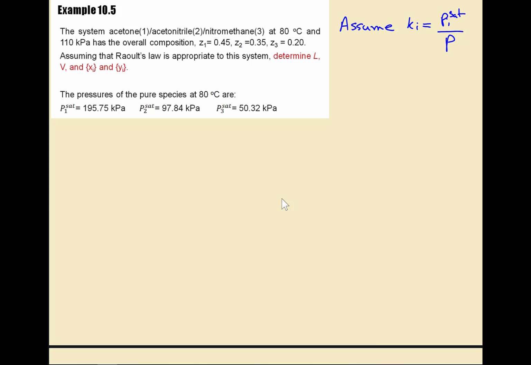My goal is to find L, V, and the compositions. The first thing I want to check is whether this is in fact a 2-phase system or a single-phase system. What value would help me find that?